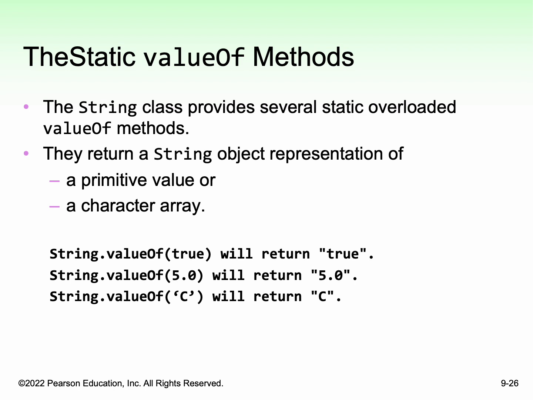Simply put, if you send a Boolean value true, for example, in our first example right here, String.valueOf returns true, but as a string, so as the word true. The same thing works with 5.0, which is technically a double, a number, but it's going to return as the string 5.0. And the same thing works with the character C: it's going to return as a string object C.